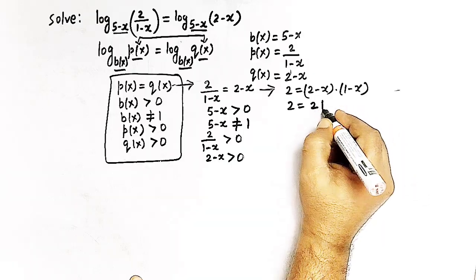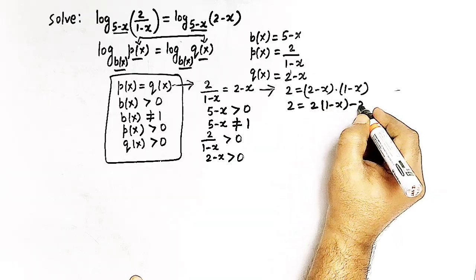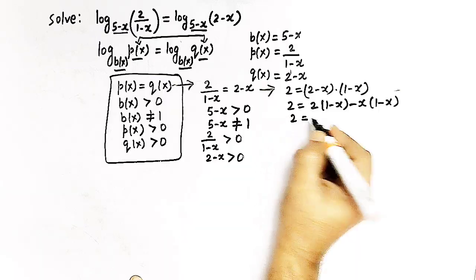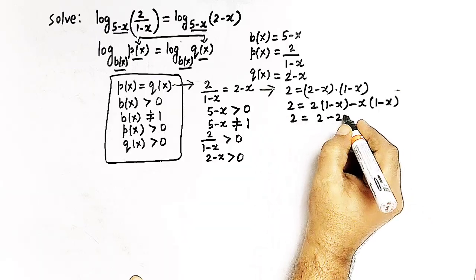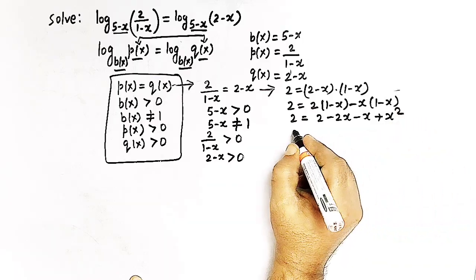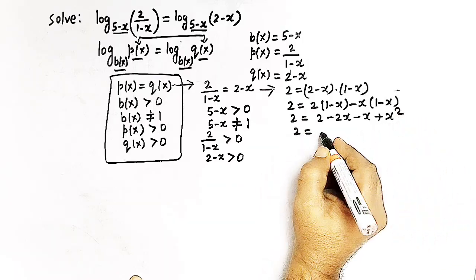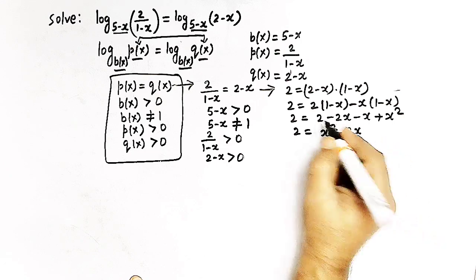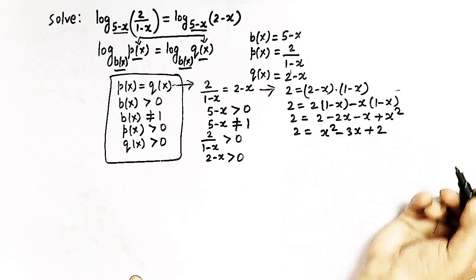So we have 2 times 1 minus x, then we have minus x times 1 minus x. So we can now write 2 minus 2x minus x plus x square. So we have here x square, then we have minus 3x, and then we have here plus 2, right?